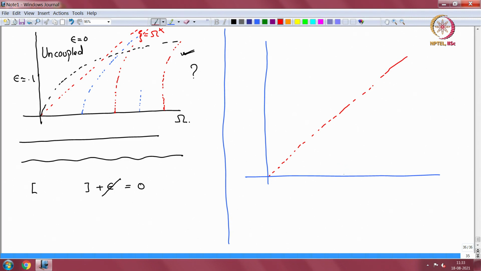The first cut on, let me say n equal to 1 cut on. So, I will use the language cut on, okay, n equal to 1, and I have the n equal to 2 cut on. Then I have the flexural wave. Let me exaggerate. Let me even take n equal to 3 here.